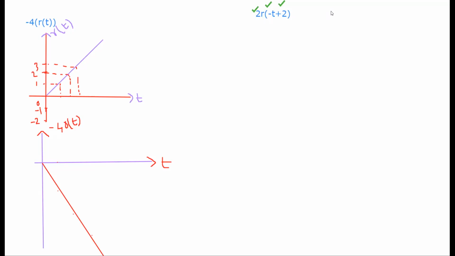See, we have already seen r of t. So let me now plot r of t plus 2.